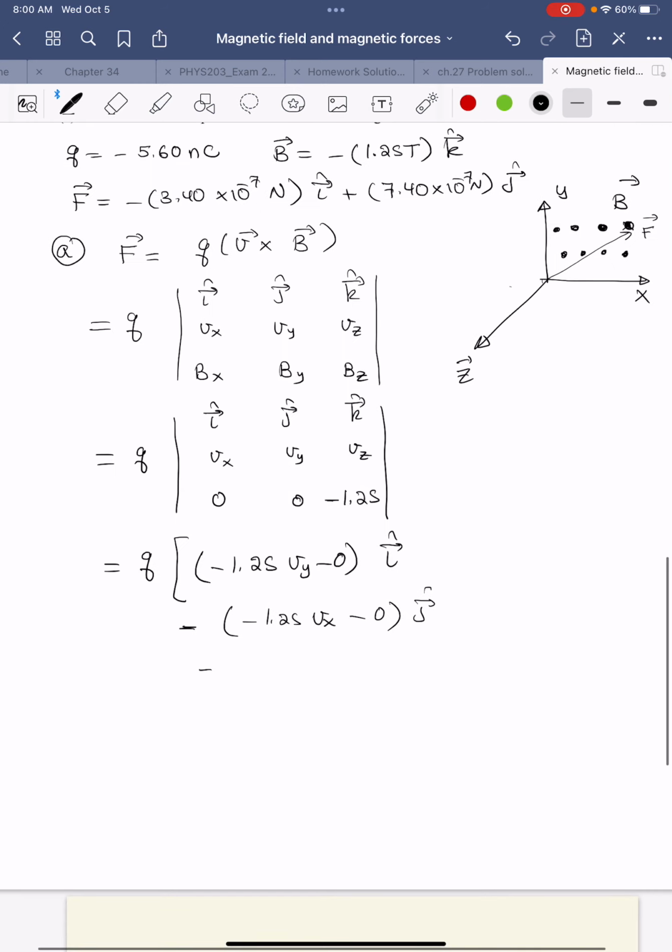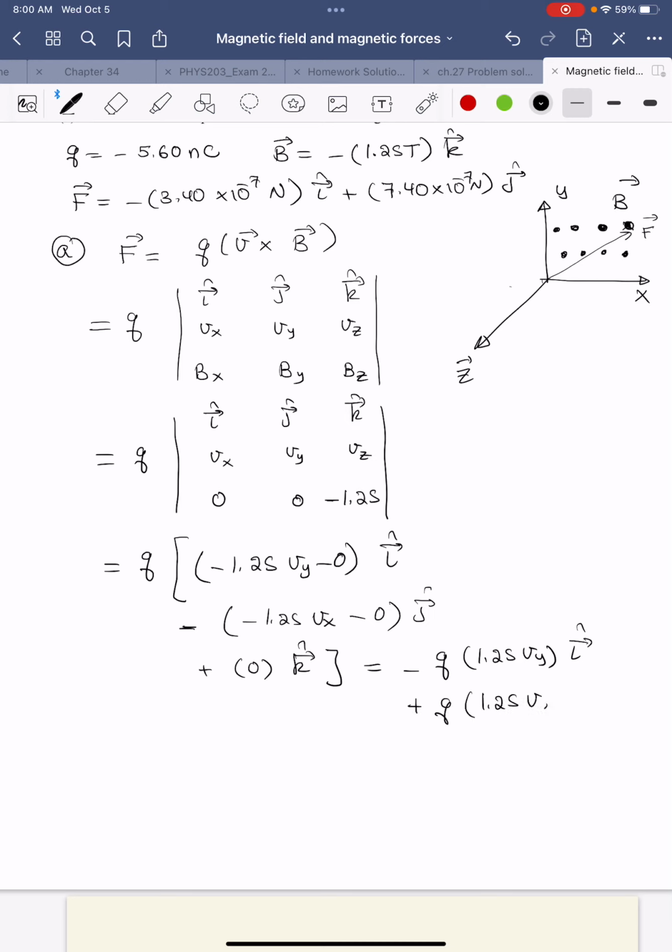And for the k, we are going to have 0. I can simplify that to negative Q 1.25 Vy i plus Q 1.25 Vx times j.